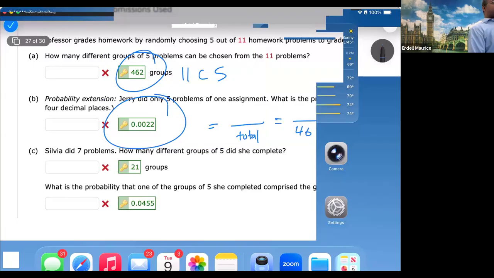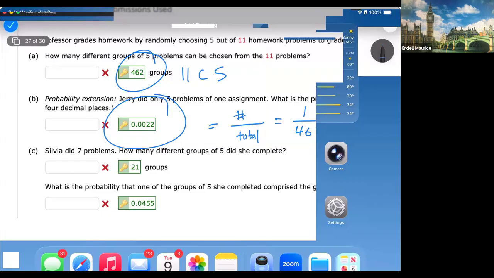Out of that total number, how many did he actually do? How many groups of 5 questions did he do? 1, right? He did exactly 5 questions. That's 1 of the 462 possibilities, yeah? And so the answer is going to be 1 out of 462.